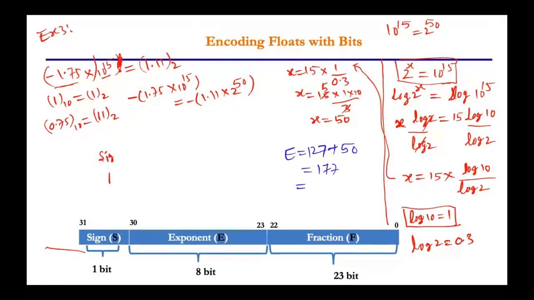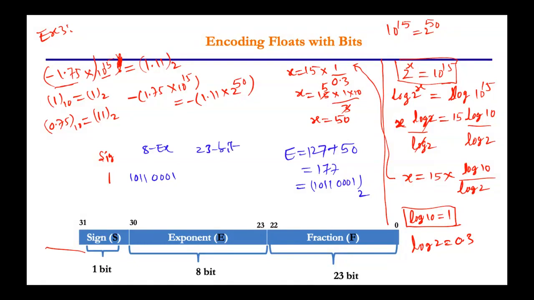And its equivalent binary value is 1011 and 0001. That is the binary equivalent. So your exponent value here is 10110001.